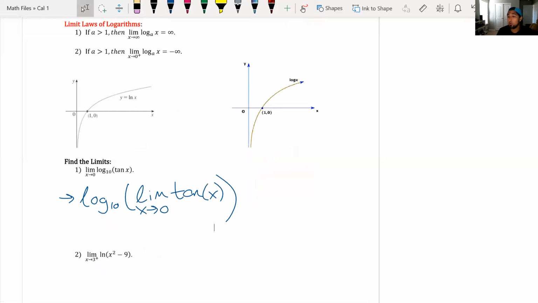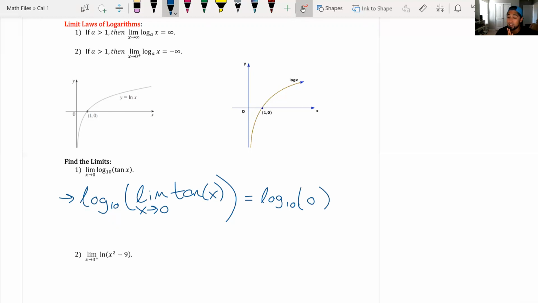Now again, we must think of the graph. What does tangent do at 0? Actually, we don't even have to think of the graph here. Tangent at 0 happens to be 0, right? So what we end up with is log base 10 of 0.